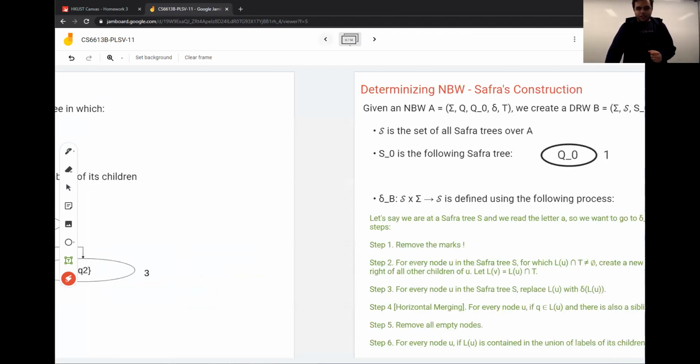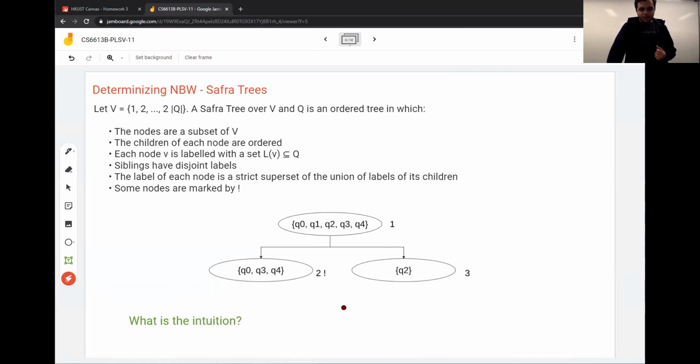So this is again similar to the finite case. Here, if I'm in Q2, I just go back and look into my original automaton and see where I can go from Q2 using the current letter. And I just update this subset. And I do this in every node of my tree. So in every node of my tree, I just replace all the states that are in that node with their successors using the current letter.